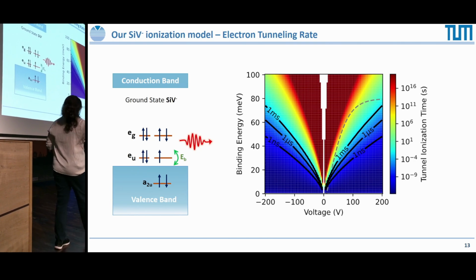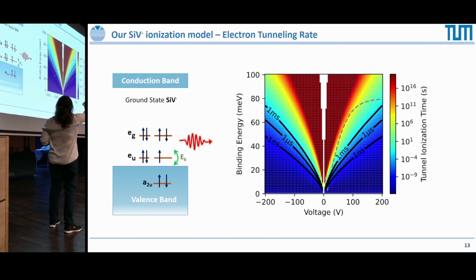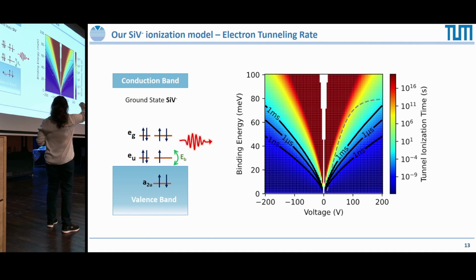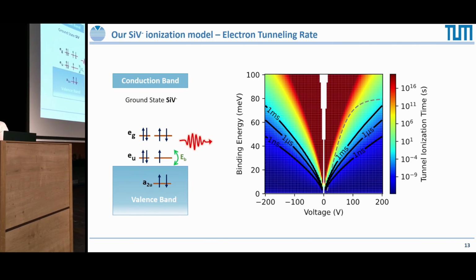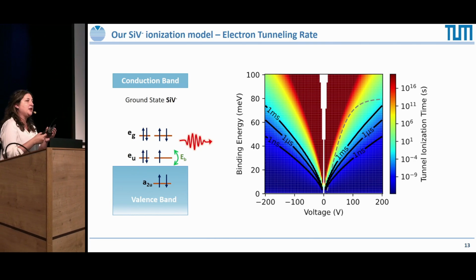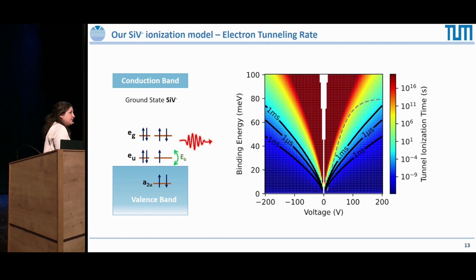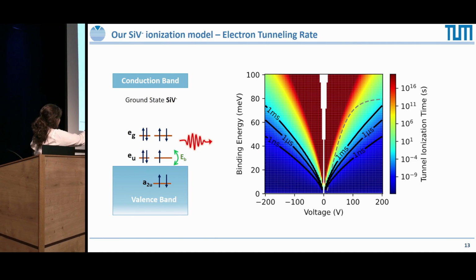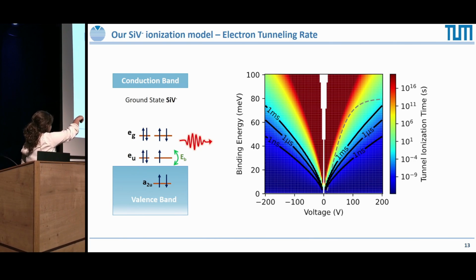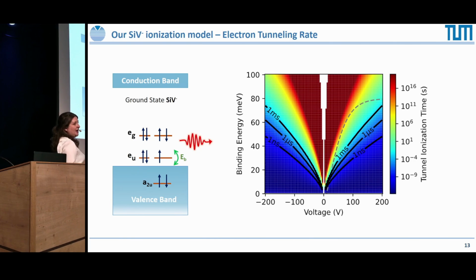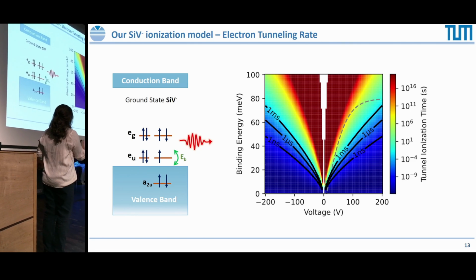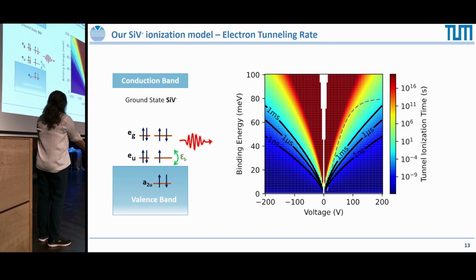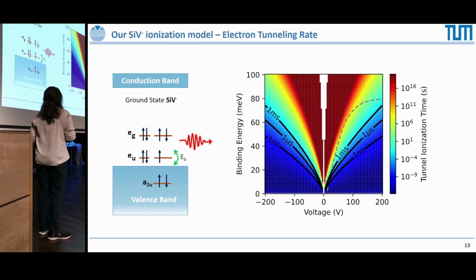Now, actually pinpointing where we are sitting with binding energy and voltage is not so simple anymore, because it depends on which defect we are looking at, and each defect is a little bit different because the strain modifies the position of the ground state with respect to the valence band, and every defect has a little bit different strain history, but we find here a plausible explanation of our experimental data.